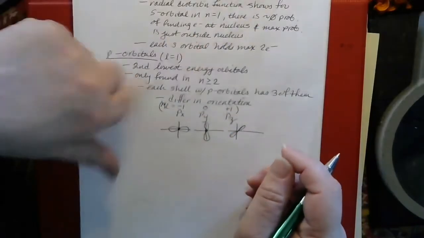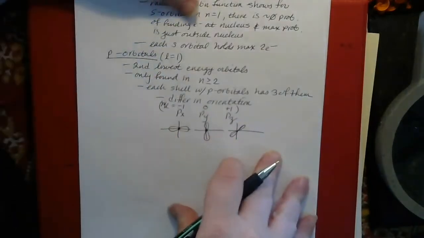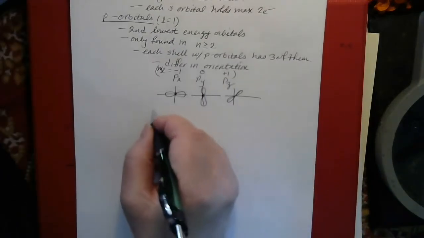And it doesn't really matter which is which, because all 3 of the p orbitals in a given shell have the same energy.